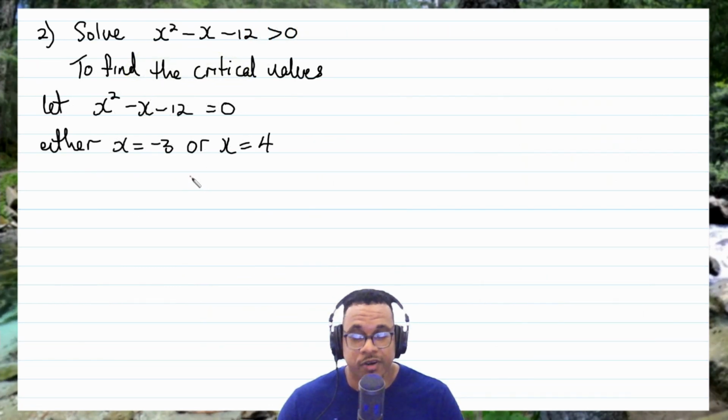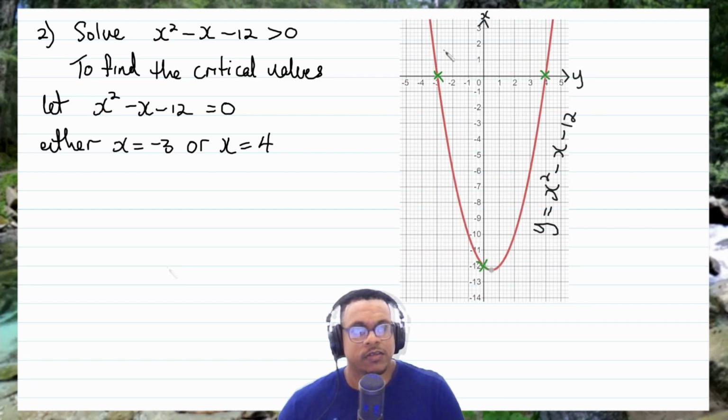So we'll plot the same graph of y is equal to x squared take away x take away 12, where x equal -3 and x equal +4 are the x-intercepts, and -12 would be our y-intercept. And the graph would be a minimum curve because the coefficient of x squared is positive. So here we have the same graph as question 1.